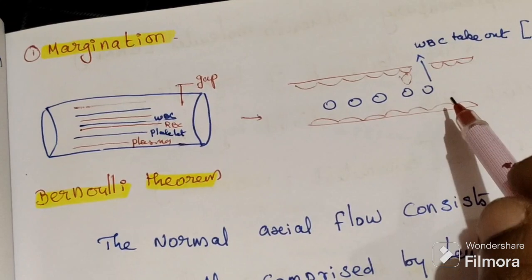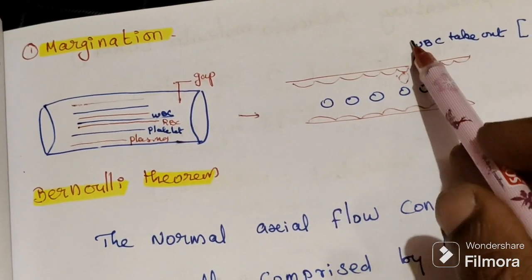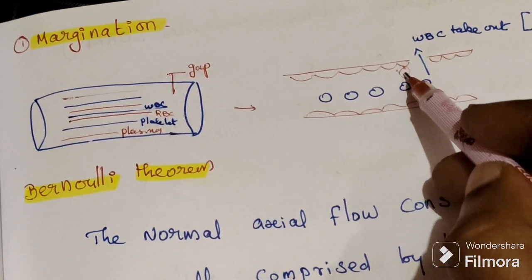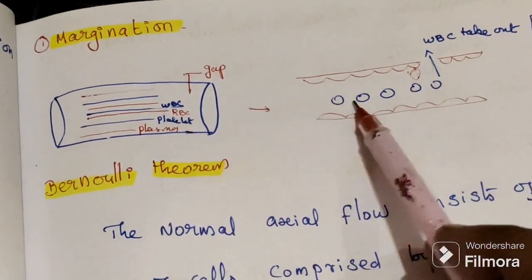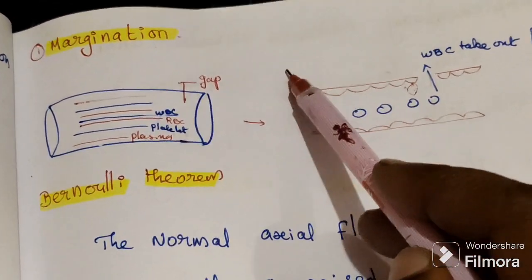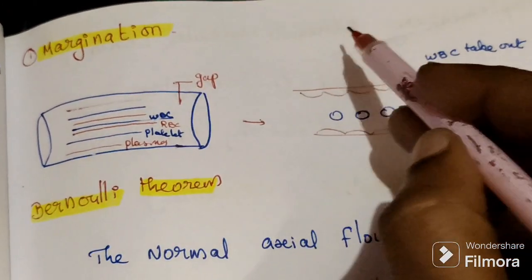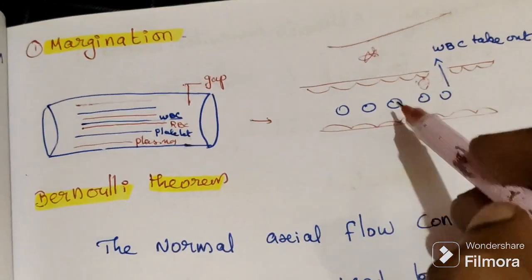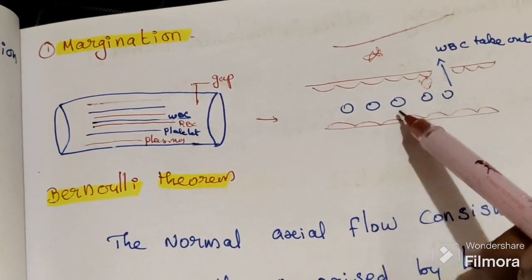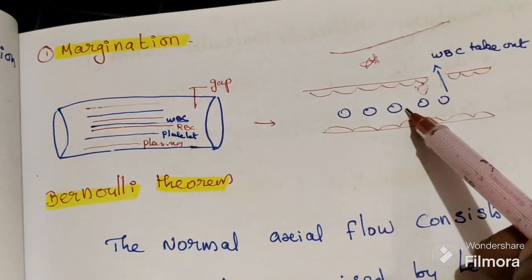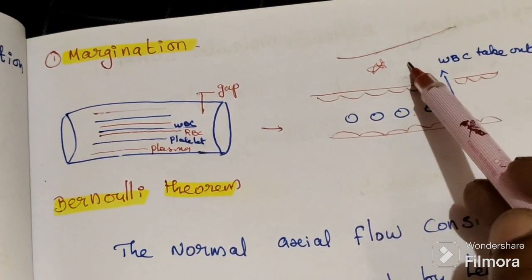Now ultimately the WBC will come out. After attachment, it comes out from the intravascular space to the extravascular space, where the skin is present and where the bacterium is present.